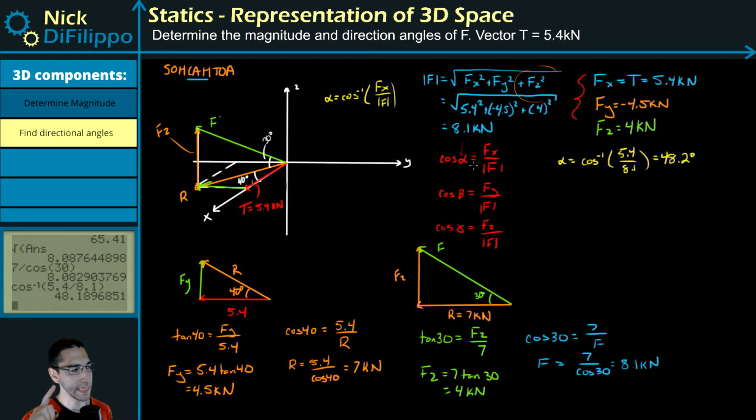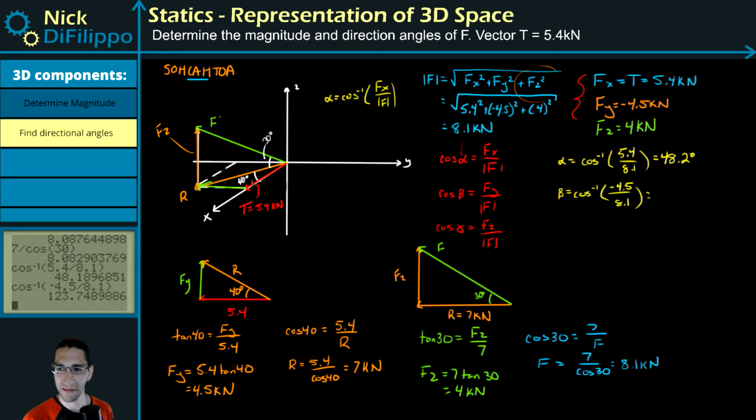Okay, I'm going to do the same thing with beta. Beta is equal to the inverse cosine. Well, instead of fx, we're going to use fy. Fy is minus 4.5 over 8.1. Inverse cosine of minus 4.5 divided by 8.1.